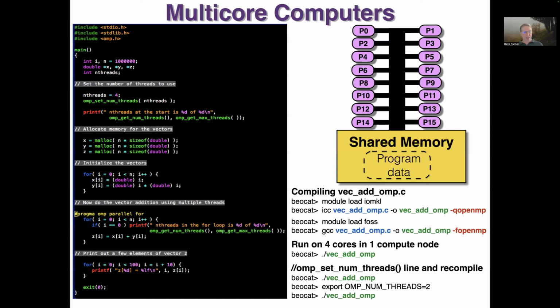But if you don't put those in there, then it'll just take all the cores that you have and put one thread per core. You can also set this stuff with environment variables outside of your program. And that's shown on the bottom right where it says export OMP_NUM_THREADS=2, for example.